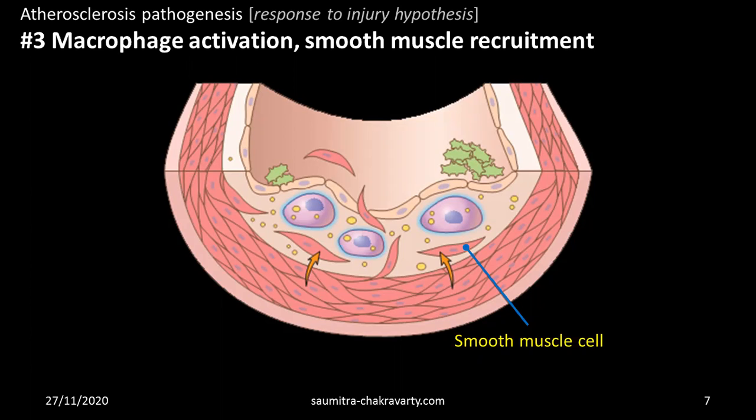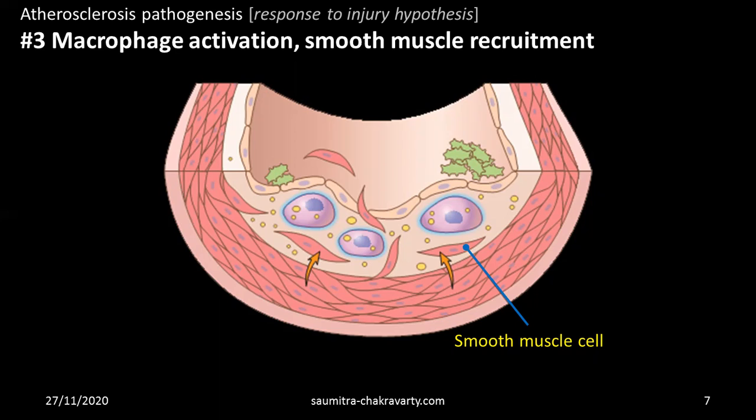Here these smooth muscle cells are transdifferentiated from the mononuclear cells, some of the mononuclear cells that express the right kind of proteins. They immigrate from the circulation into the layer beyond the endothelium, give the inflammatory signal, and they themselves get transformed into smooth muscle cells.